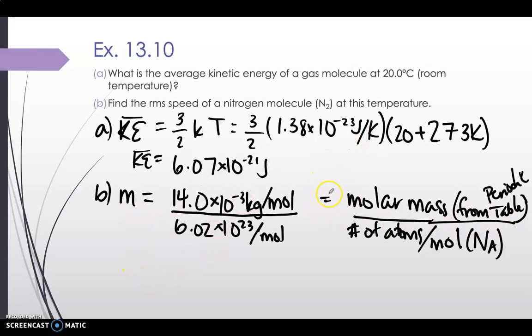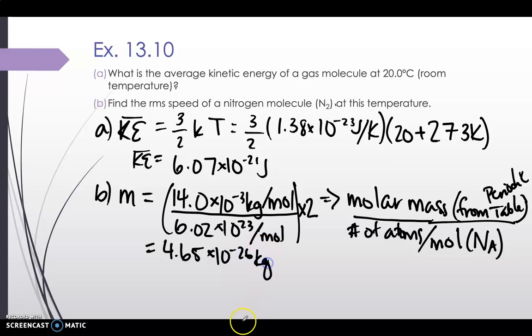Now, in this case, we have 2 nitrogen atoms in the molecule. See how it says N sub 2? So we need to also multiply that by 2. So whatever our mass is, we have to multiply by 2. And we get a mass of 4.65 times 10 to the negative 26 kilograms.